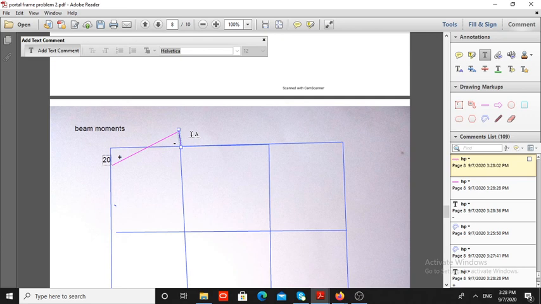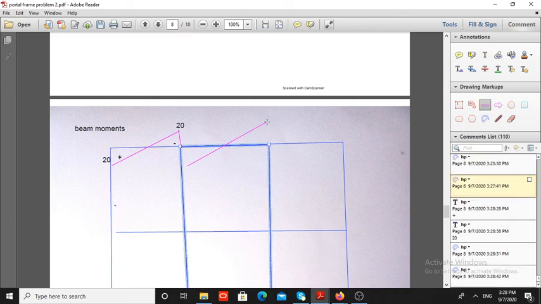Now draw the bending moment, the beam moment, for the second beam. The point of contraflexure occurs at the middle point, therefore at the midpoint the bending moment is 0. So this value is also positive.